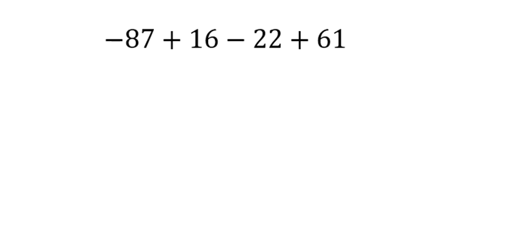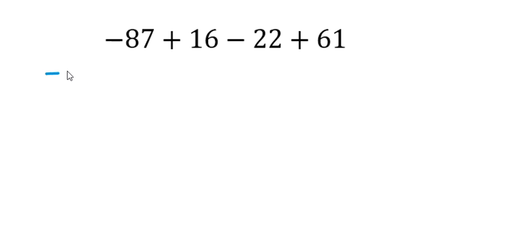In this recording, we want to talk about subtraction. And basically what's going to happen is when we see a minus sign, we want to think about it like it is a negative number, not like it is a subtraction problem. So I am going to take negative 87.